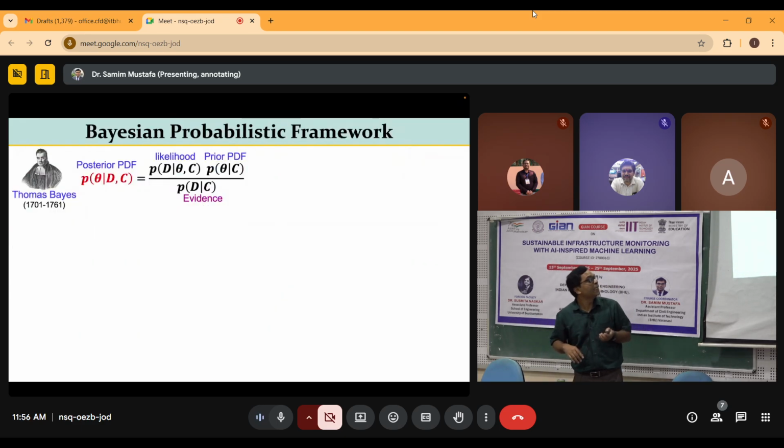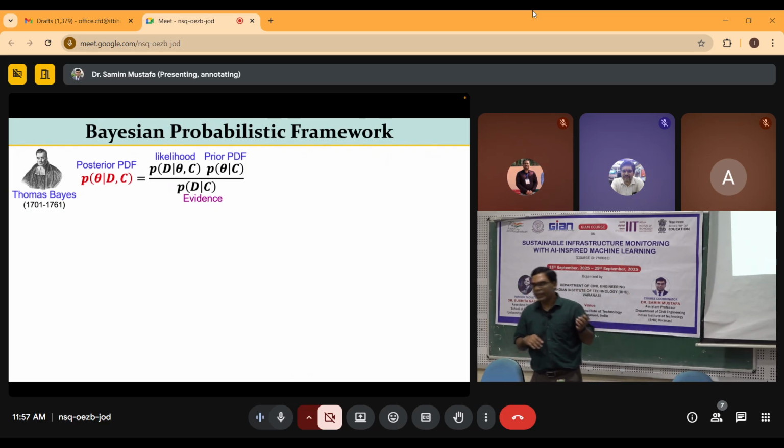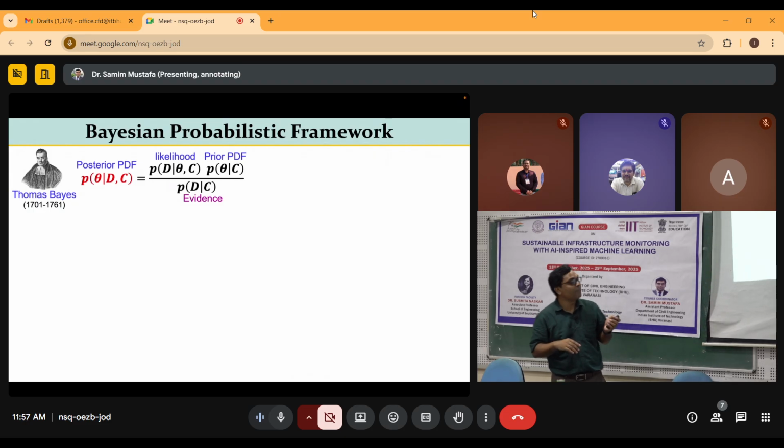So this Bayesian method was proposed by a British mathematician, Thomas Bayes. He wrote an essay on the treatment of uncertainty, and the original Bayes theorem was incorporated in that essay. Basically, he did not write the Bayesian method.